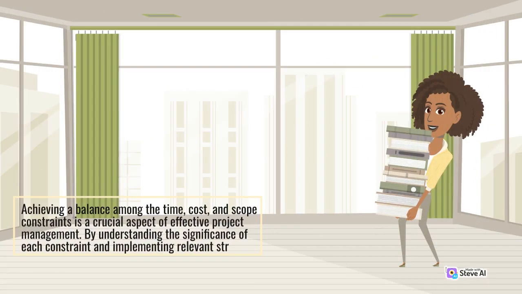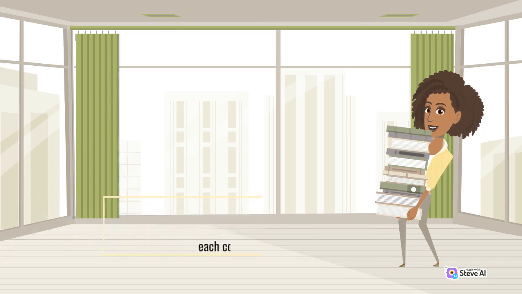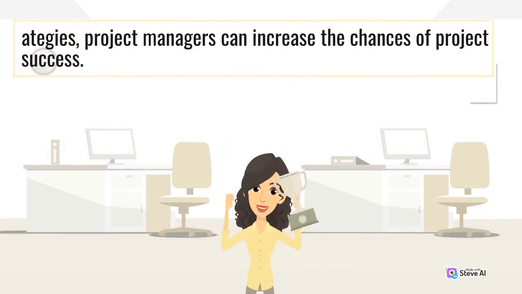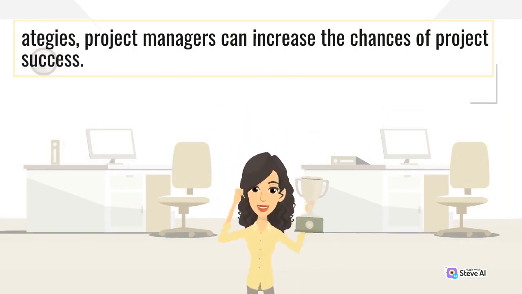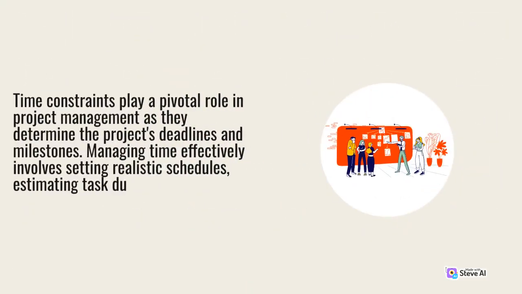Achieving a balance among the time, cost, and scope constraints is a crucial aspect of effective project management. By understanding the significance of each constraint and implementing relevant strategies, project managers can increase the chances of project success. Time constraints play a pivotal role in project management as they determine the project's deadlines and milestones.